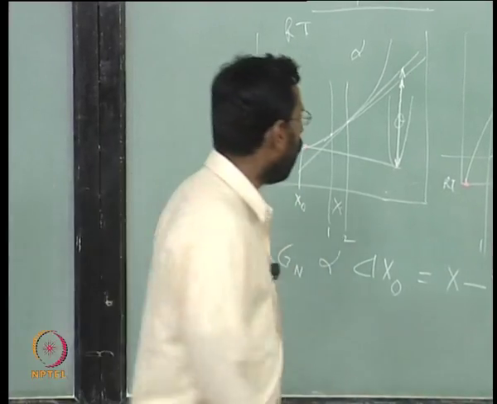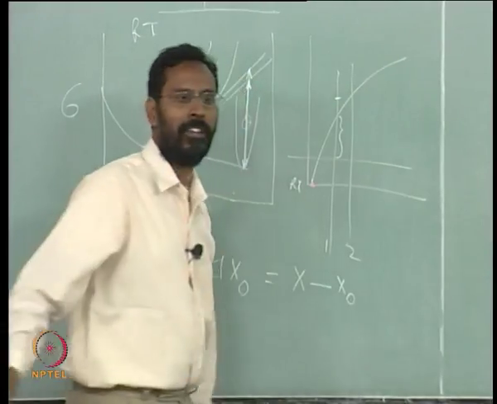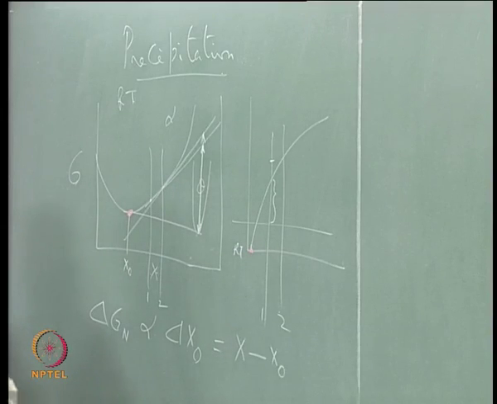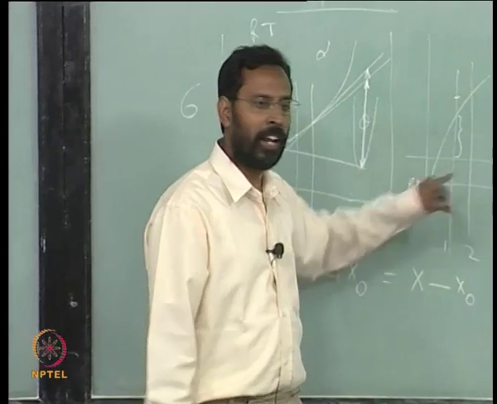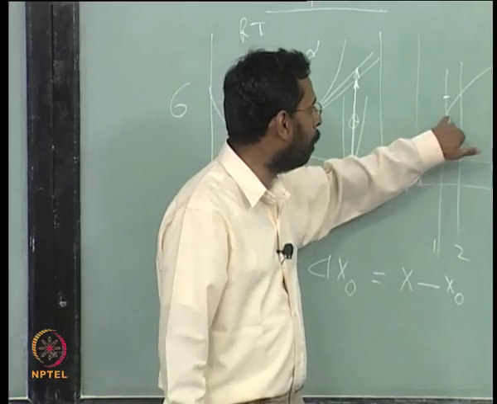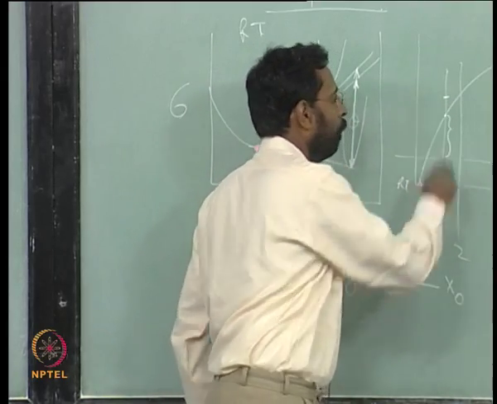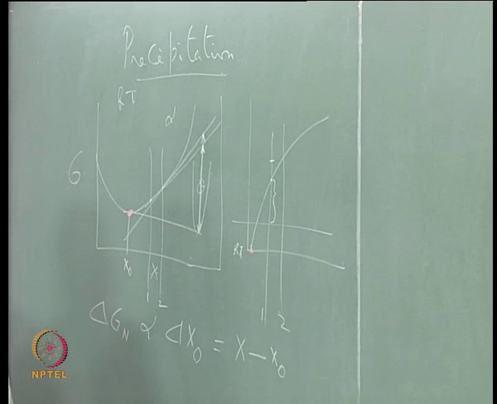am I right? If I am at a temperature here, obviously there is no driving force for the second phase to precipitate. If you want the second phase to precipitate, I have to come below this temperature, which is what is called the solvus temperature. So the farther away the temperature is from the solvus temperature, the higher the driving force for the precipitation.